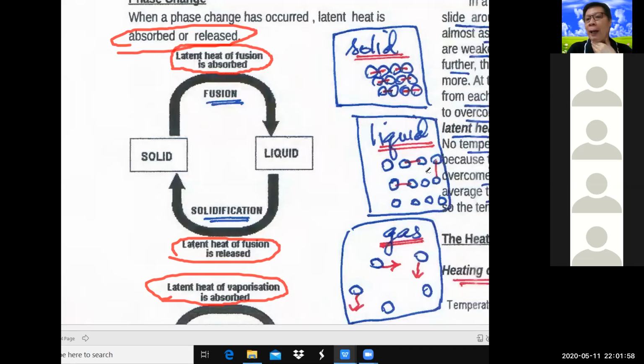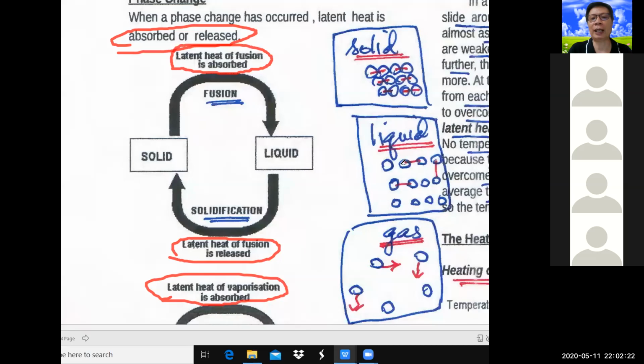This is what is meant by the statement: heat is released, but it doesn't go to the surrounding. The released heat is used to do what? To pull the molecules back to a closer distance to become liquid. Understand? So remember now, heat is released, but the heat is used to pull the molecules closer to form the bonding.